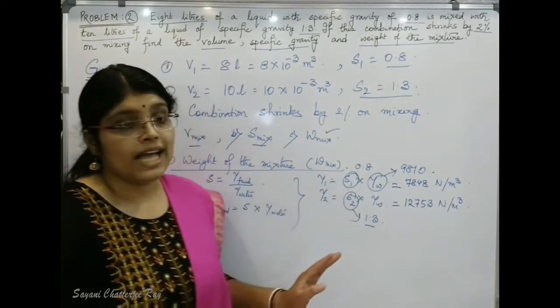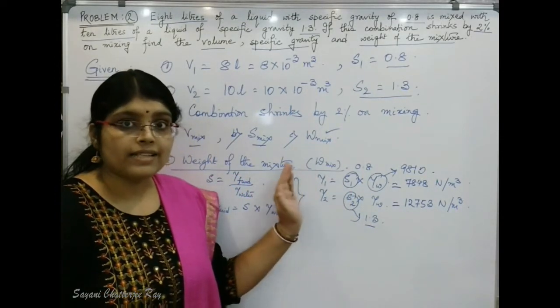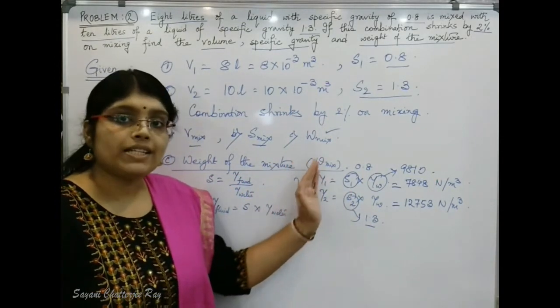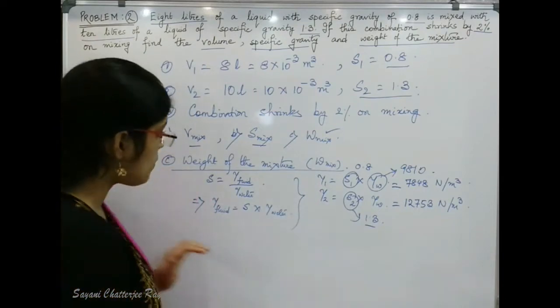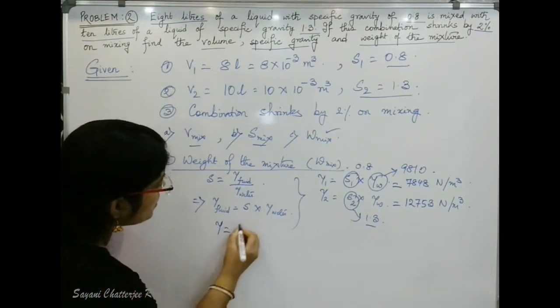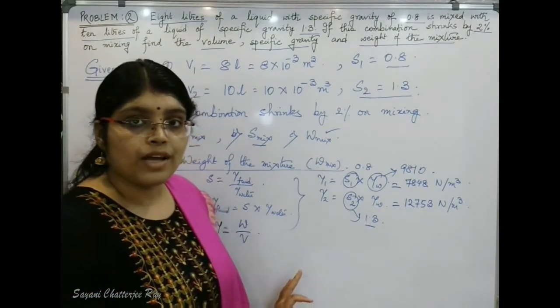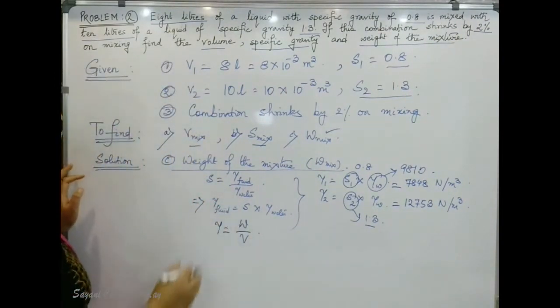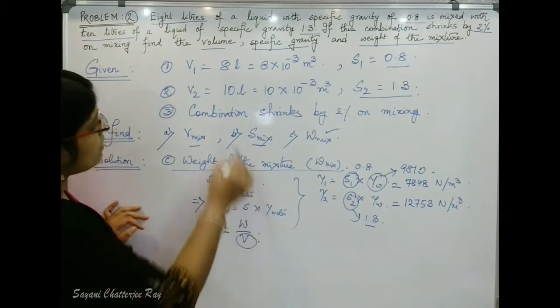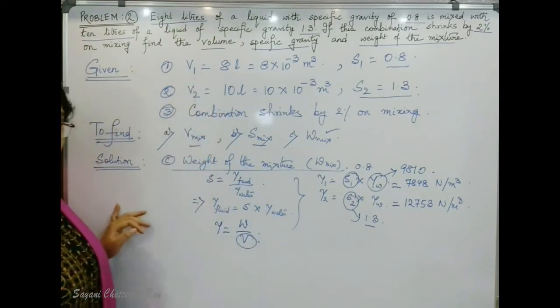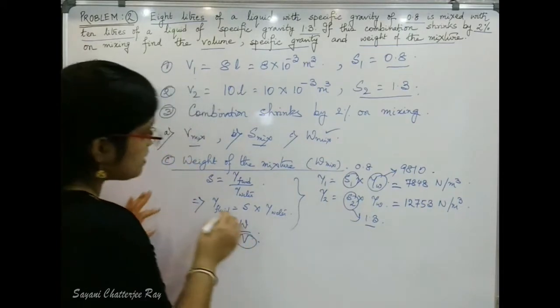Now we all know that specific weight, that is gamma, equals weight divided by volume. We all know this, that gamma equals W by V. We already have studied this formula earlier. So applying this formula, we also know that the values of V1 and V2 are given in the question. So simply we will substitute this.